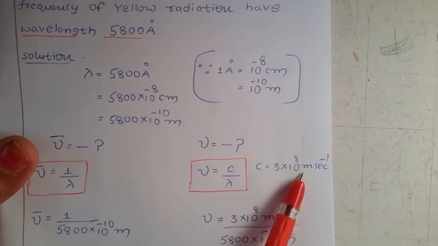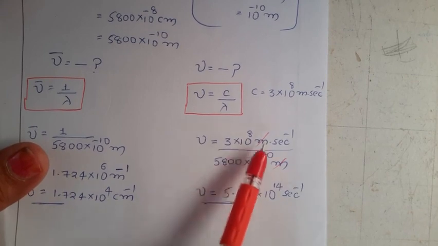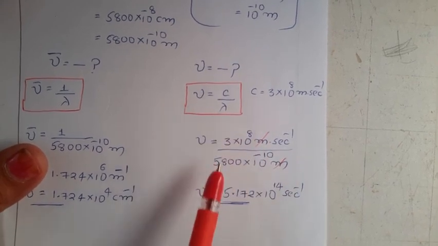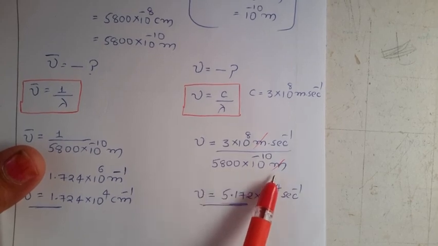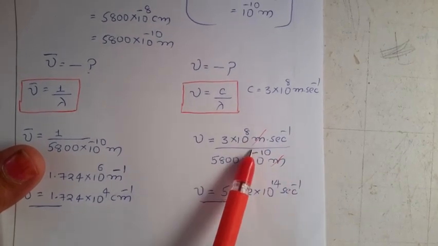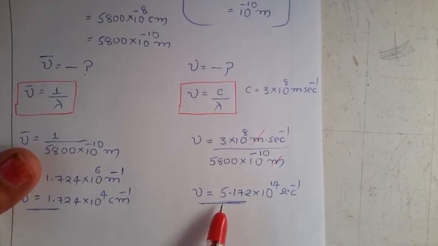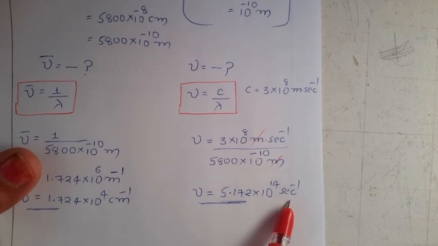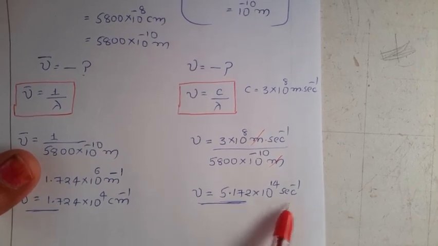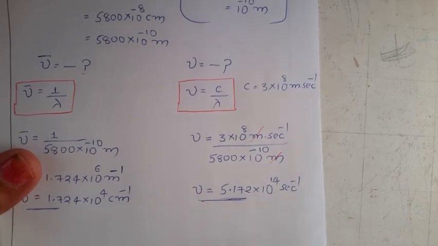The meter gets cancelled. You are left with mu equal to 5.172 × 10^14 second inverse. Units are important. So the mu units are second inverse or hertz.